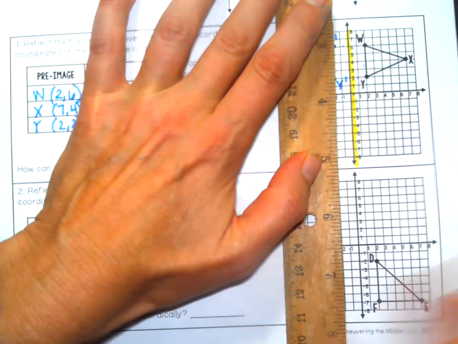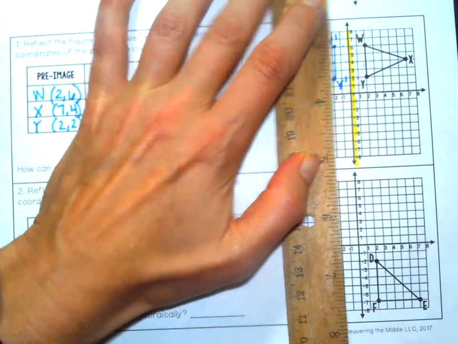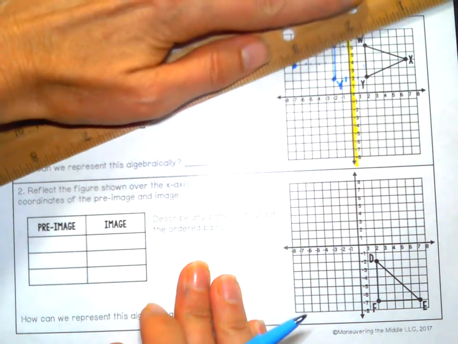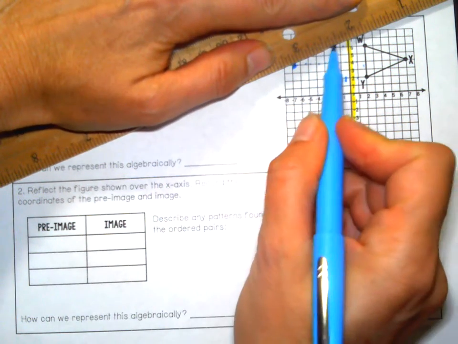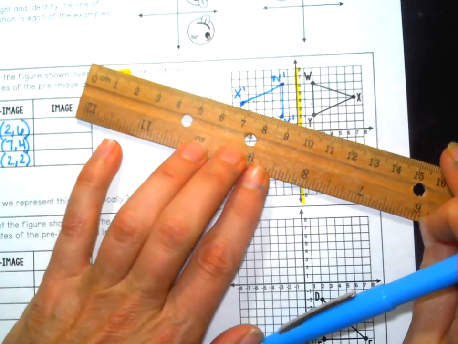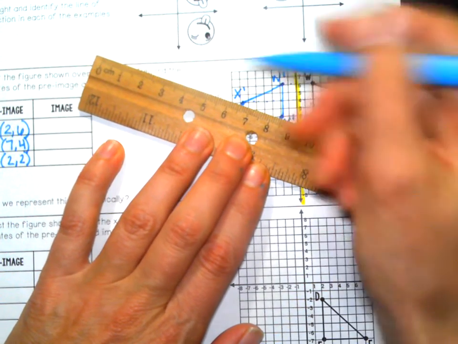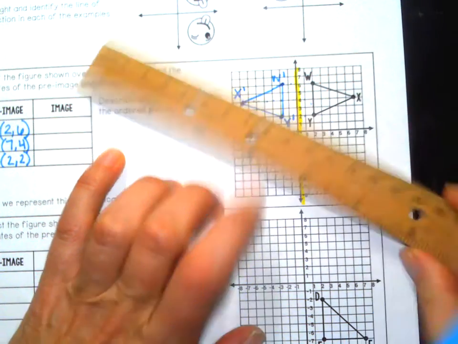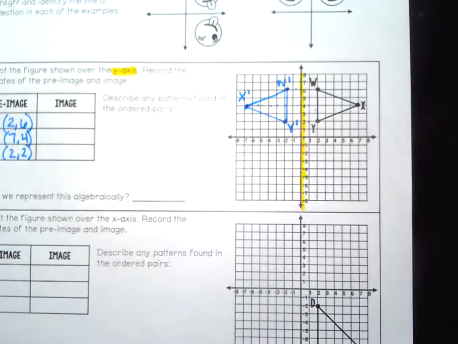Now this triangle should be perfectly congruent, but the orientation is different. It's pointing in the opposite direction because that reflection changed the orientation. So it's still congruent, but it's just facing a different direction. So there's W prime, X prime, Y prime.